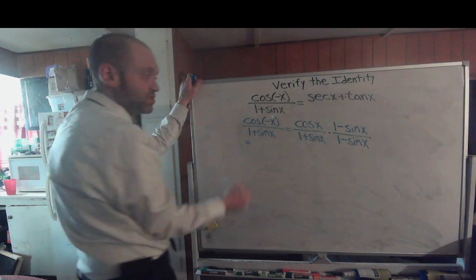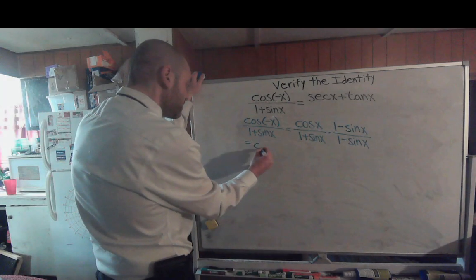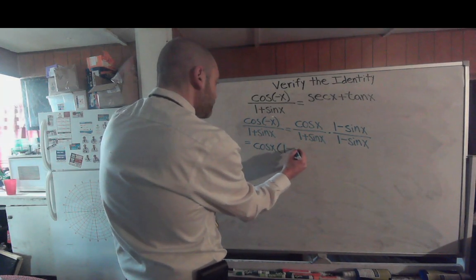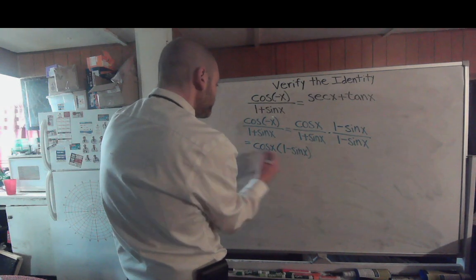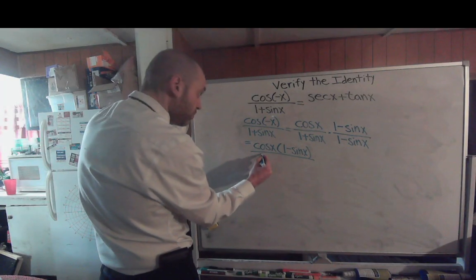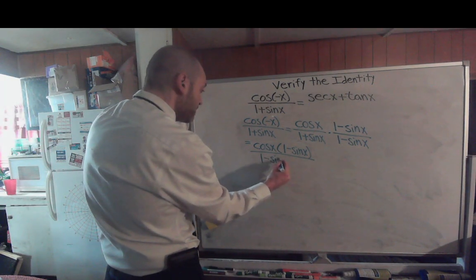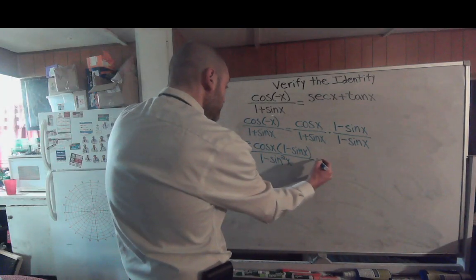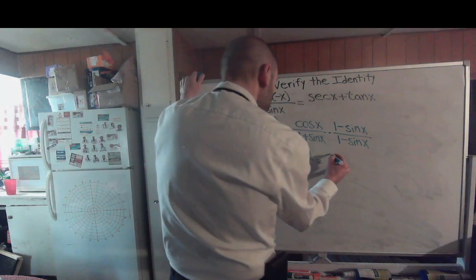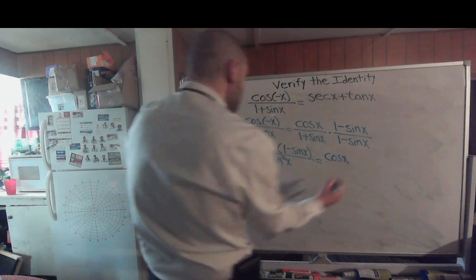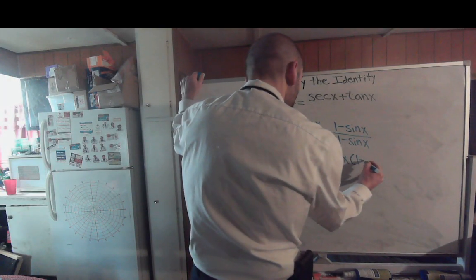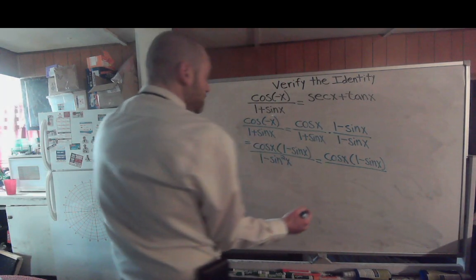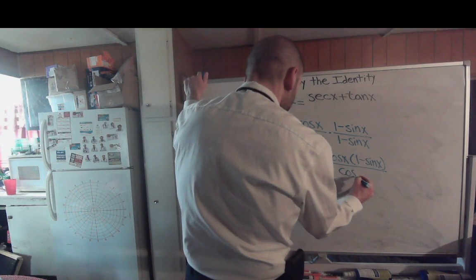So yeah, multiply by the conjugate. I'm going to continue over here so we don't run out of room. So this would turn into the cosine of x times the quantity of 1 minus the sine of x, all over 1 minus the sine squared of x, which would turn into the cosine of x times 1 minus the sine of x, all over the cosine squared of x.